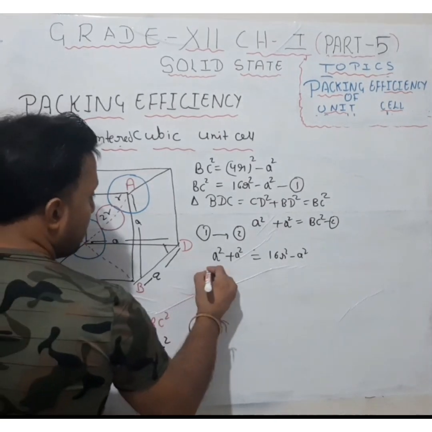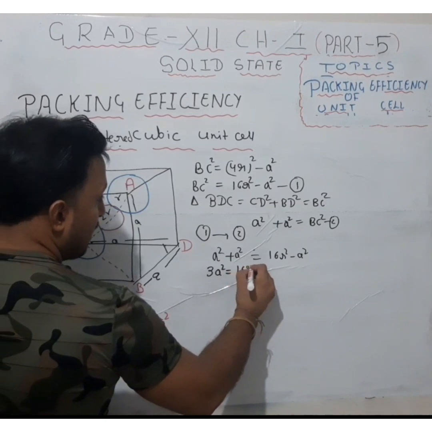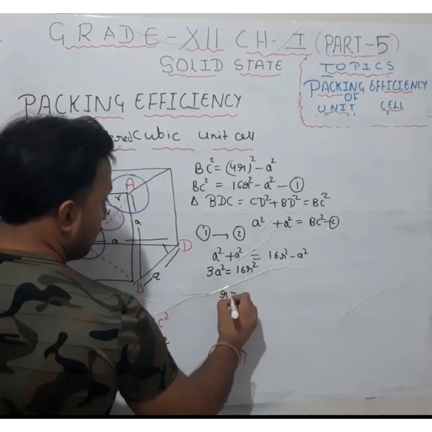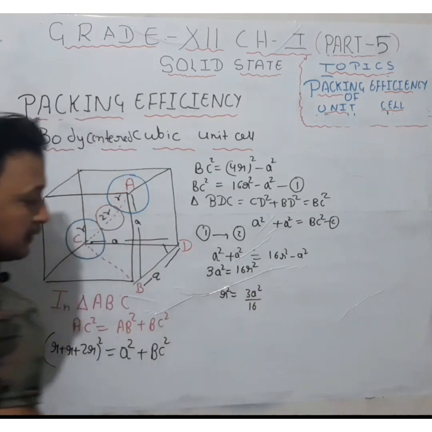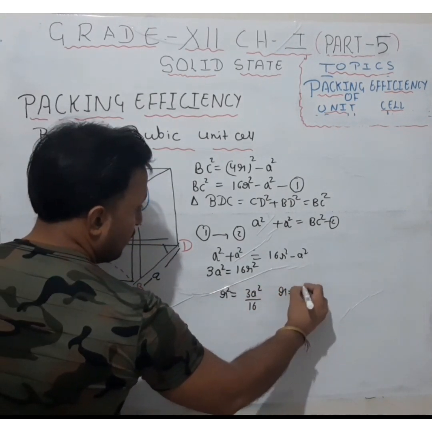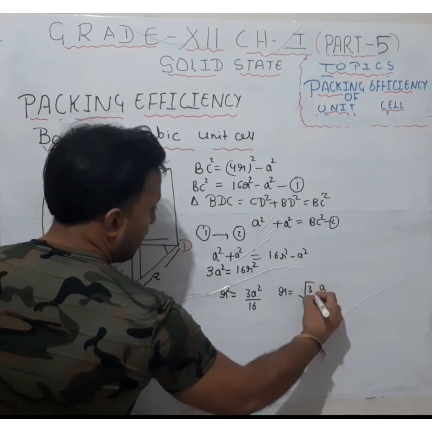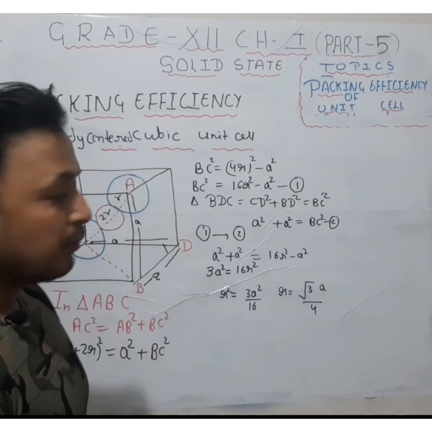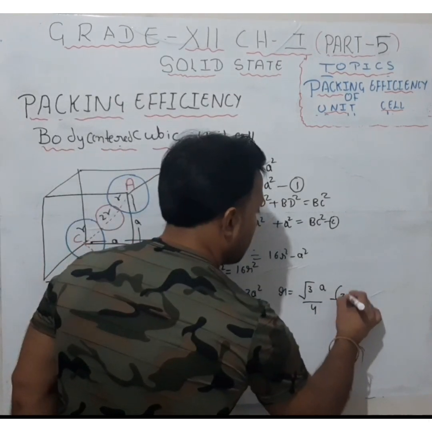Okay, so basically it comes 3A square equivalent to 16R square, or R square is equivalent to 3A square upon 16, or basically R is equivalent to root 3 A upon 4. So now this is a relationship which we have established in case of the body centered cubic between the radius of the sphere and the edge. So this can be our equation number 3.